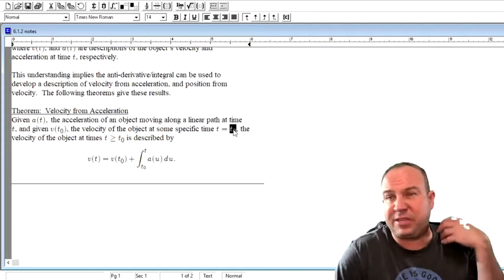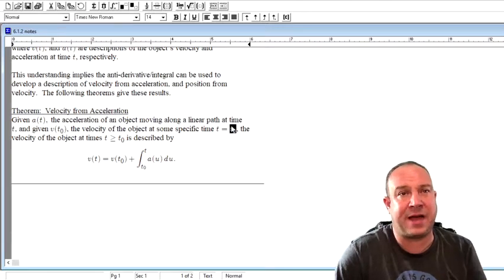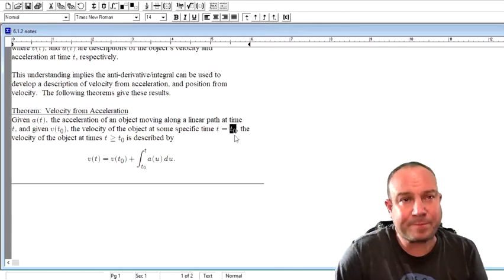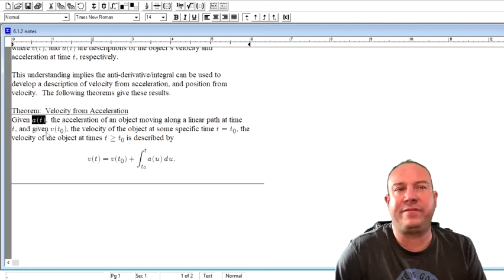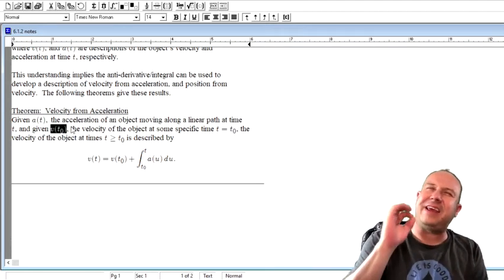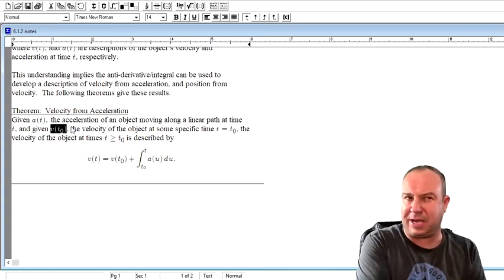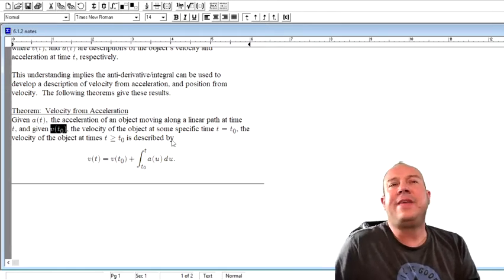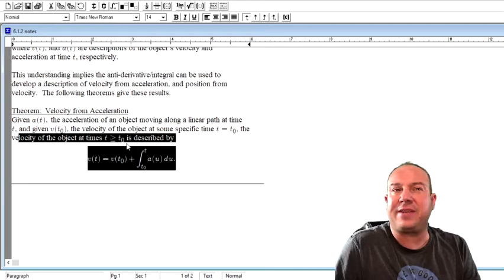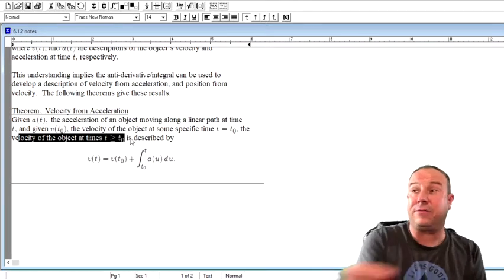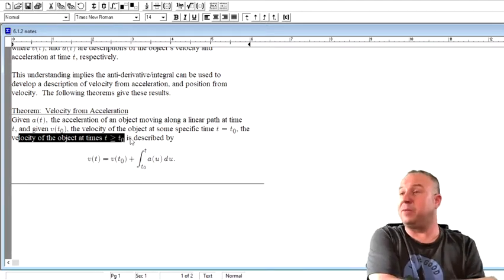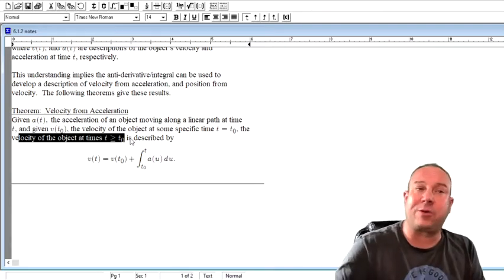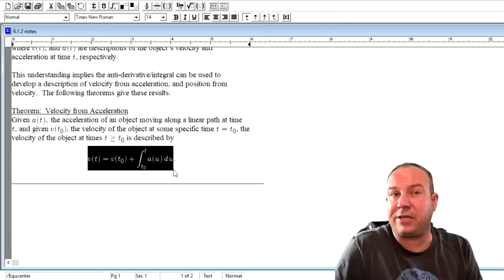T null is going to be some specific moment in time. If we know our description of acceleration and we know our description of velocity at a very specific moment in time, then the velocity of the object at times t greater than or equal to that very specific moment can be described by the following calculation.